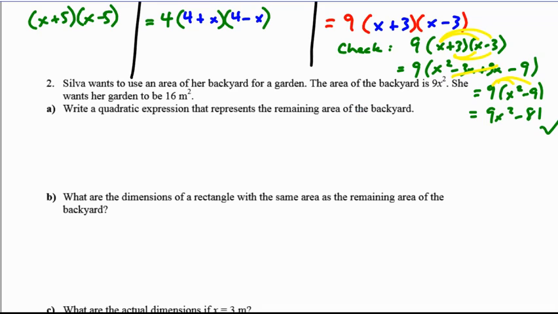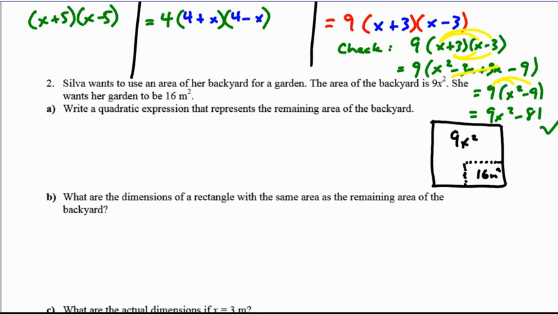So you could imagine this as she has this big area, 9x squared all of it, and she wants to map out a garden that is 16 meters squared.